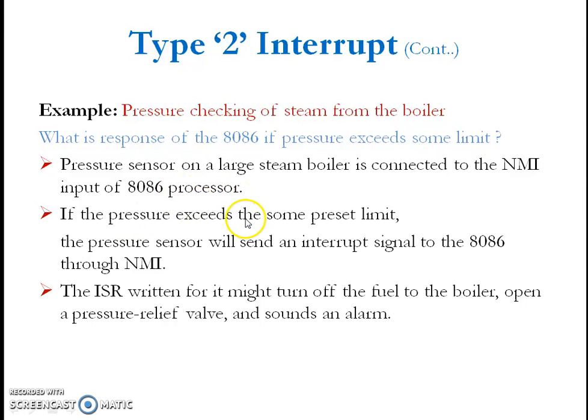If the pressure exceeds some preset value, the pressure sensor will send an interrupt signal to the 8086 through NMI. The ISR written for it might turn off the fuel to the boiler, open a pressure relief valve and sound an alarm. The events that should be addressed immediately by the 8086 are written as the NMI ISR.